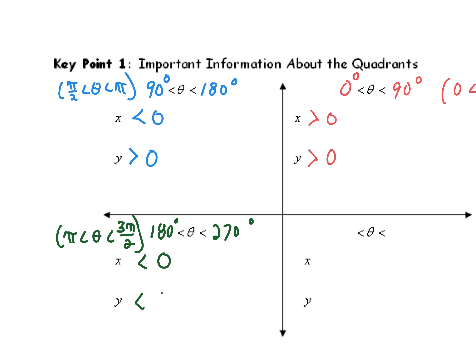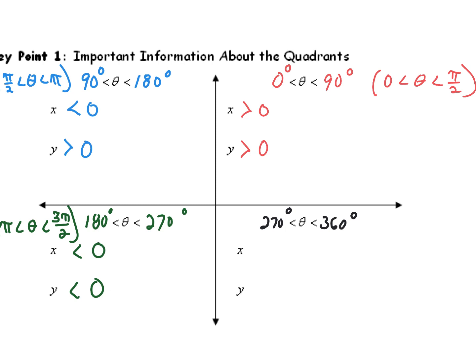So x and y are both negative. In other words, they're less than 0. And then lastly, in quadrant 4, you're looking at angles from 270 to 360 to finish out that full rotation. So we're going from 3 pi over 2 to 2 pi. So this is where x is bigger than 0 and y is less than 0.